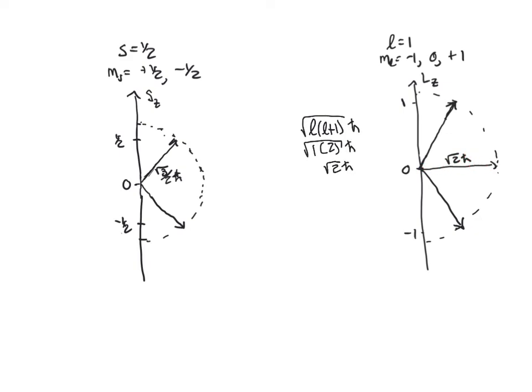Now remember that I don't really know anything about the x and y axis. And so the shadow that this vector makes on the x and y axis is unknown. And so I can think about this vector as precessing about the z-axis on this cone. Same thing with the minus 1 direction and the 0 direction.